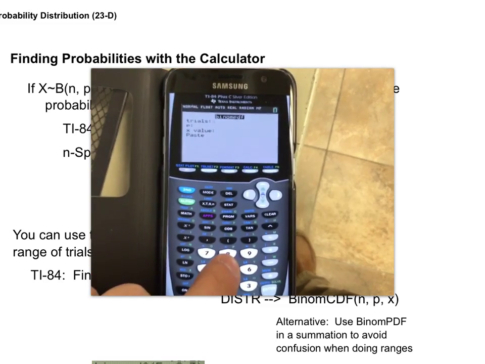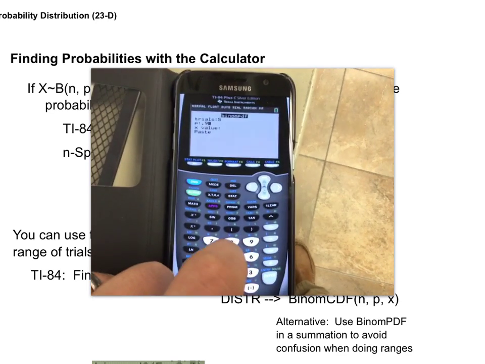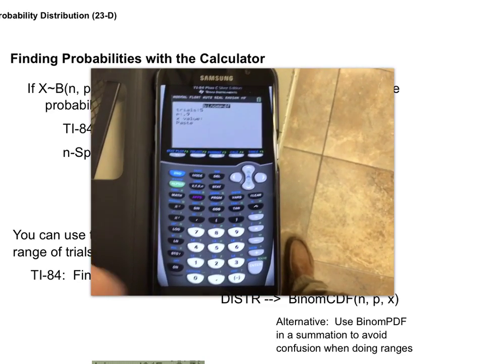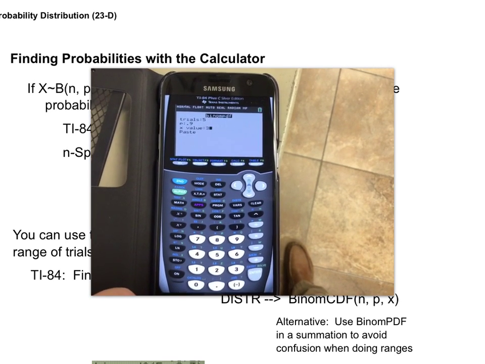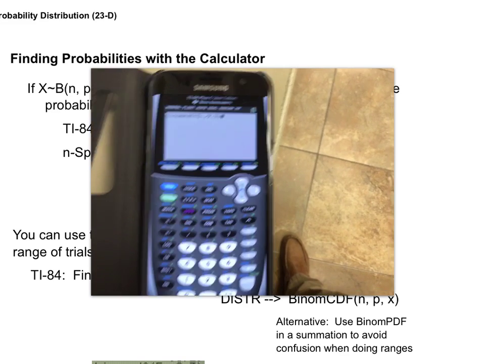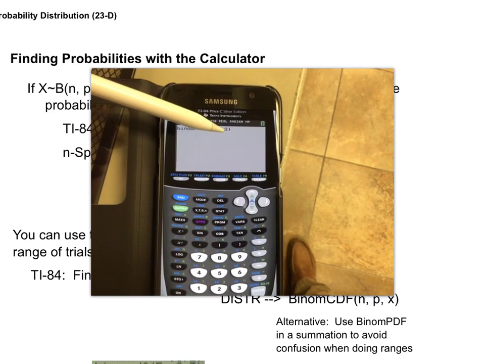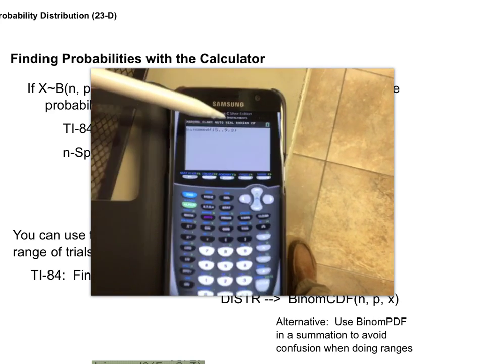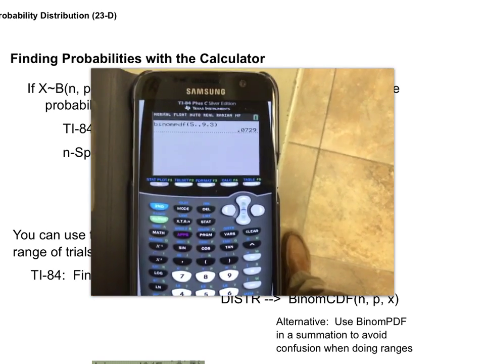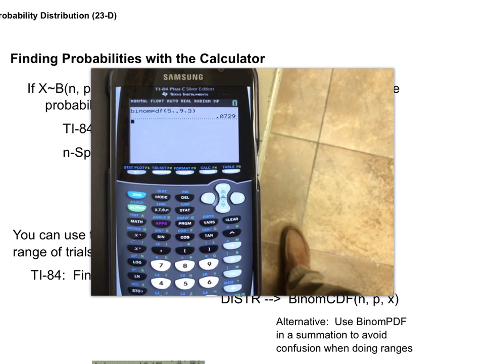So our archer shot 5 arrows. He hits the target 90% of the time. And we're going to find the probability of him hitting the target exactly 3 times. So we just put in 3 for X, and we hit enter to paste it. Those of you with the 83, this is the order you need to type it in: N, P, X. Now you hit enter, and it does the binomial expansion for that term, and we get 0.0729.